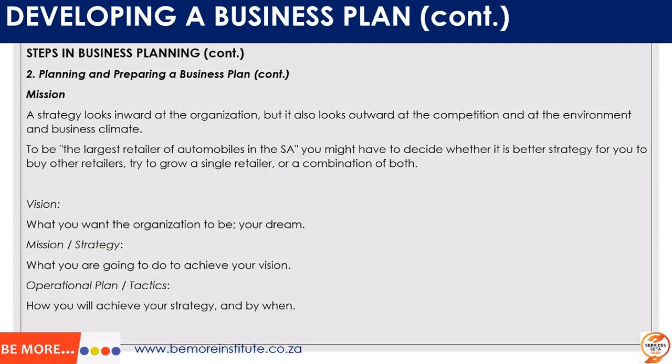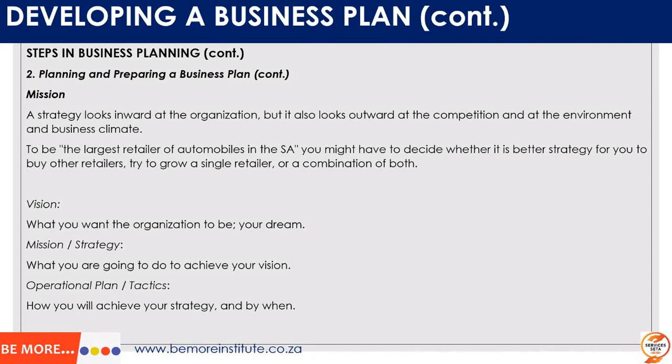The operational plan or the tactics is how will you achieve your strategy and by when. Like we said, when we now go down, we deal with the objectives, which as we will find going forward, we will then look at the actual activities. So how are you going to operationalize this vision that you have?